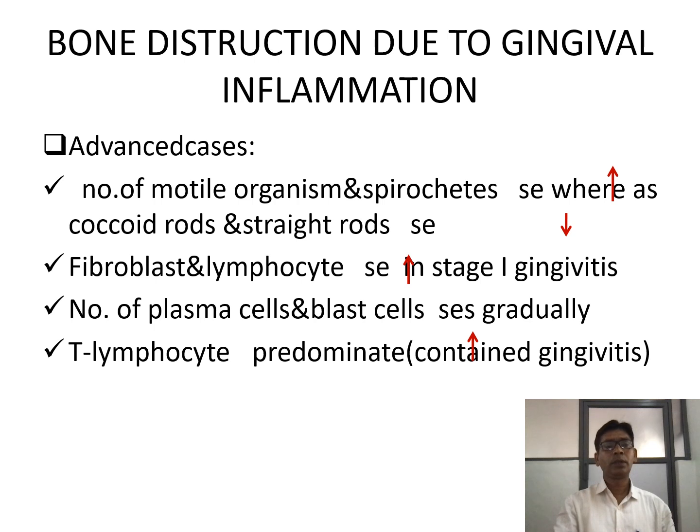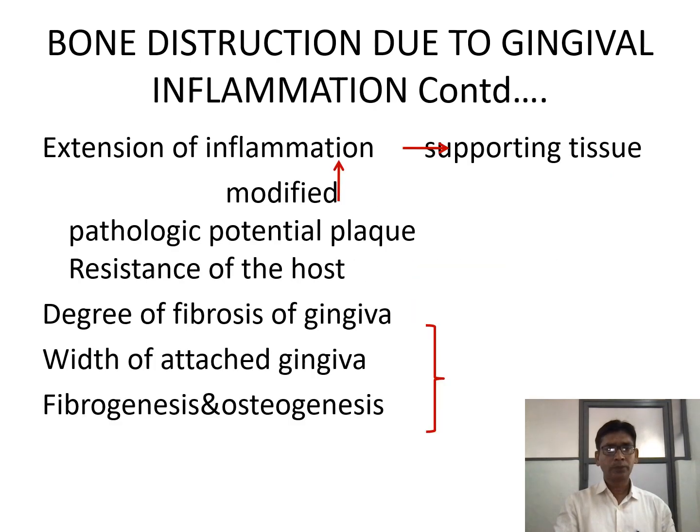Now these changes are seen in advanced gingivitis, wherein all these features will change, leading to progression of the periodontal disease. Once the patient brushes and maintains properly, the gingivitis will subside, leading to containment of the inflammation within the gingiva rather than spread to the underlying periodontal pocket.